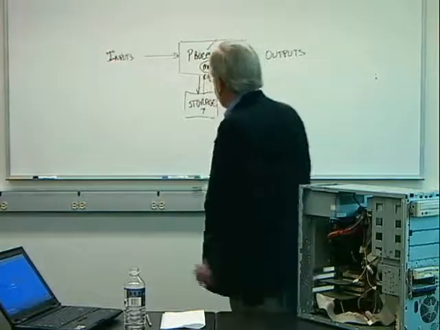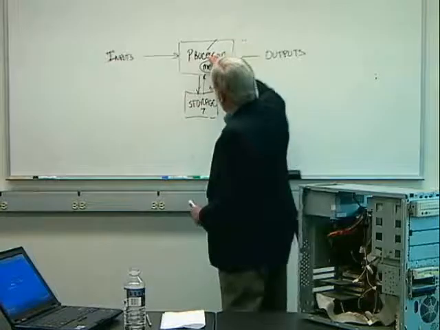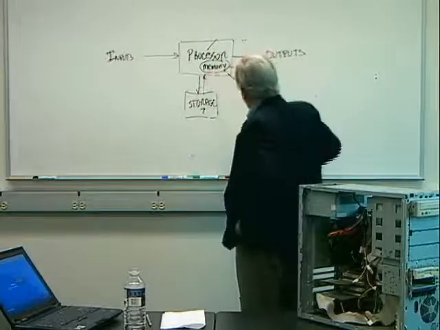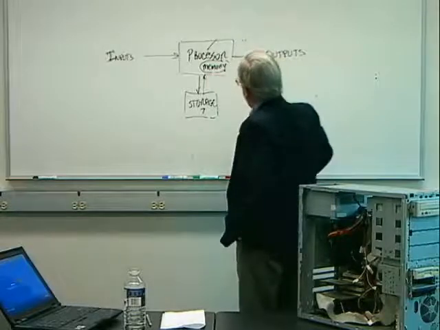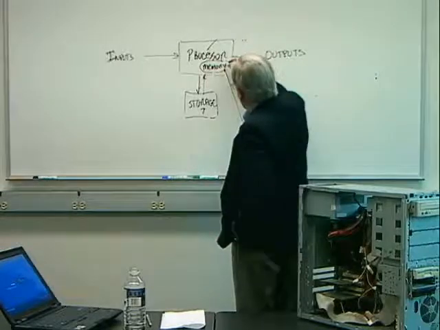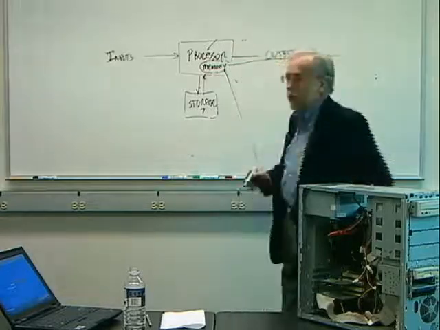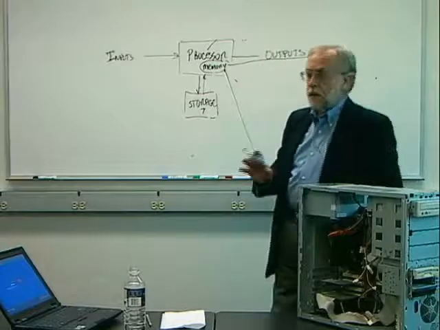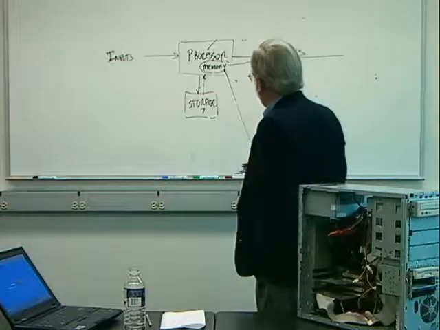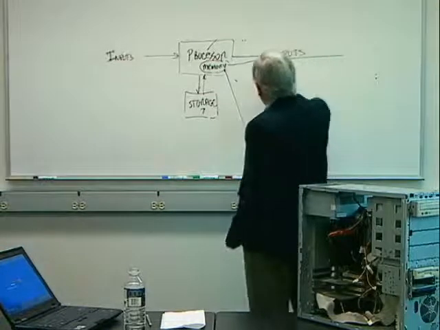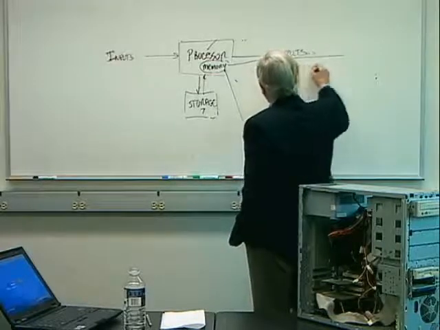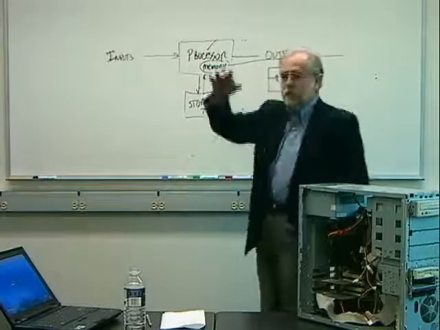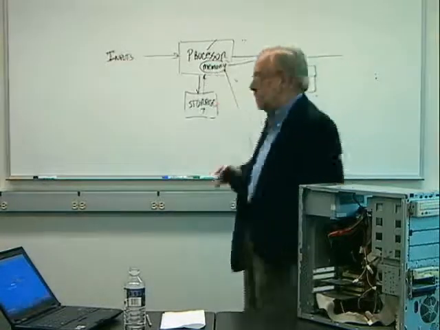What we're doing with software is putting instructions into the memory. So if I took this circle I called memory and expanded it out so you could see what it looks like, and this is just an analogy, think of the memory as a bunch of slots, like a shelf of those mail slots that you sort mail into.